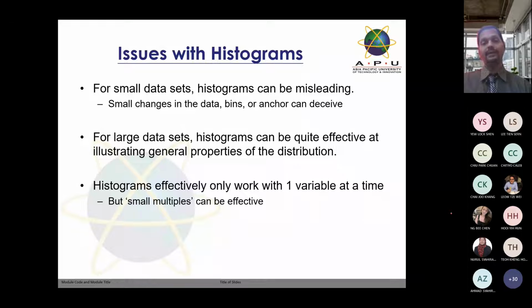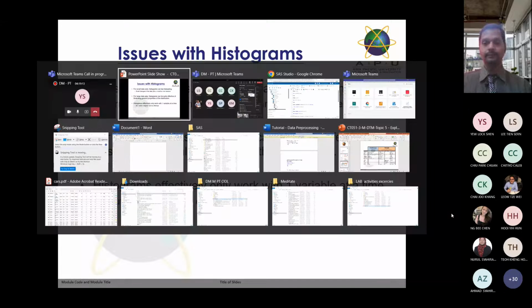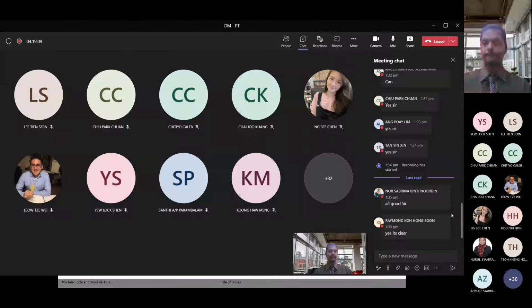So how do we say this? In case we say that for small data histograms are misleading, what are we trying to interpret here? Are you able to understand this issue related with histograms? Why we say that for small data the graphics may be misleading.